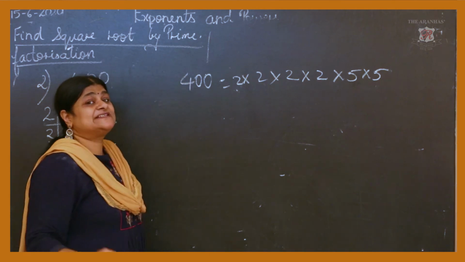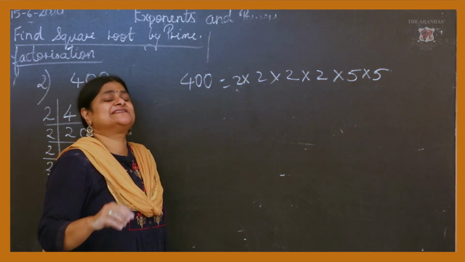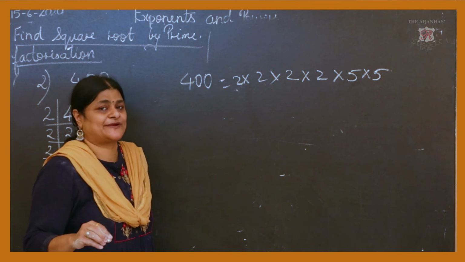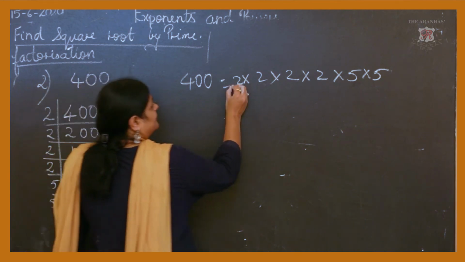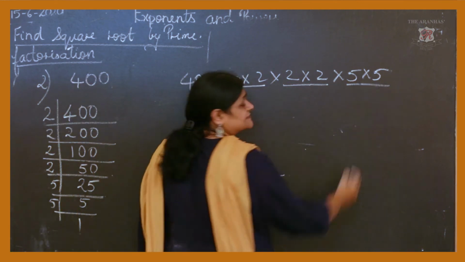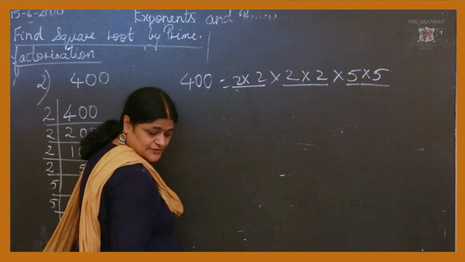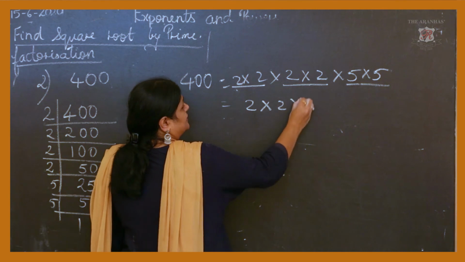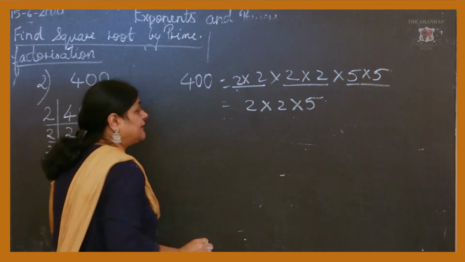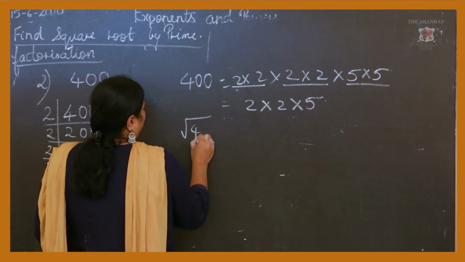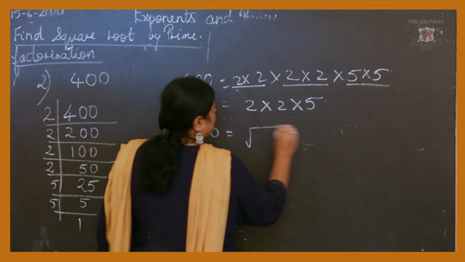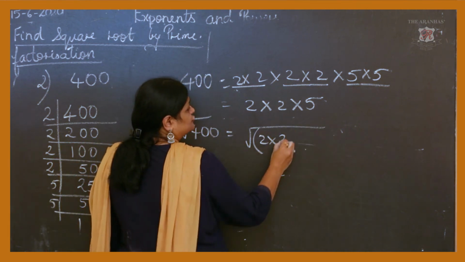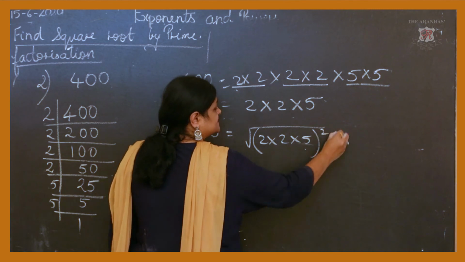Again, I am telling you all, this is the square root. You have to find the square root by your prime factorization. So here it will be 2 and 2 and 5. Okay. So root of 400 is equal to root of 2 into 2 into 5 square.